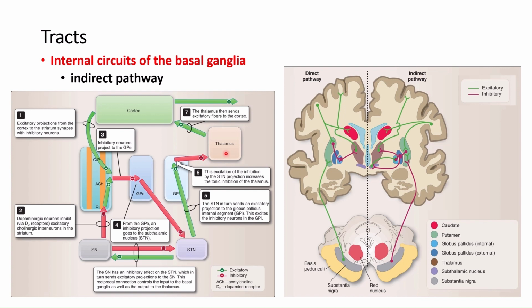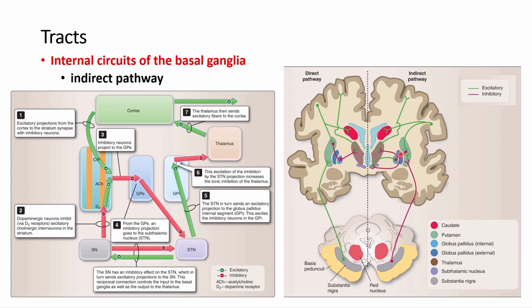If you look at this image, on this side you can see the cortex of the brain sending excitatory signals to the striatum. This is the caudate and putamen, and now the putamen is sending inhibitory signals to the external part of the globus pallidus.